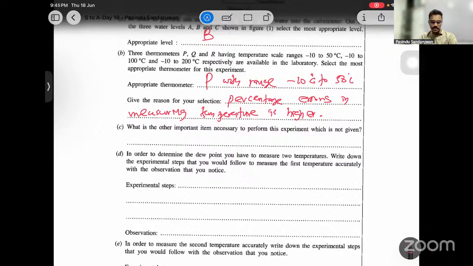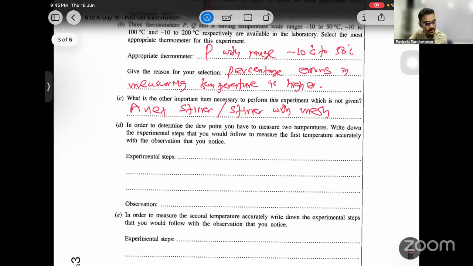Then for this experiment specifically, we need a net stirrer, or a stirrer with mesh. A net stirrer, very important. Both terms are fine.